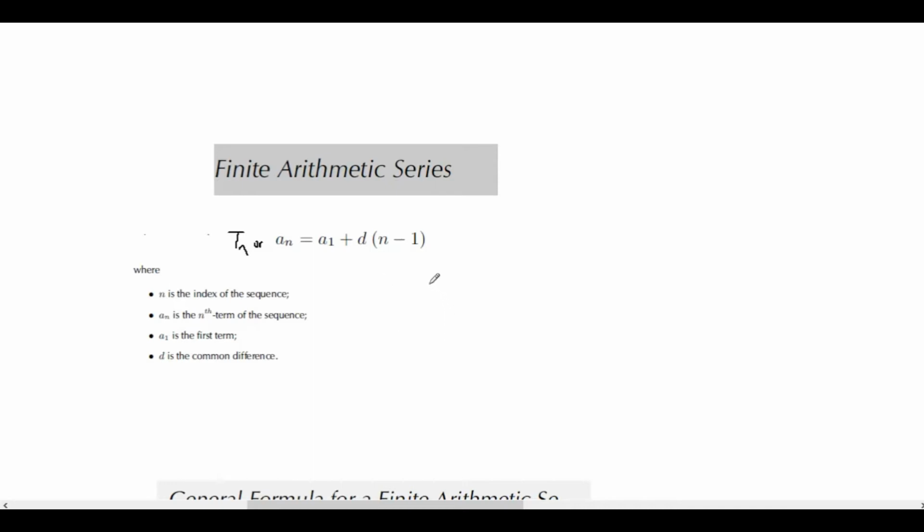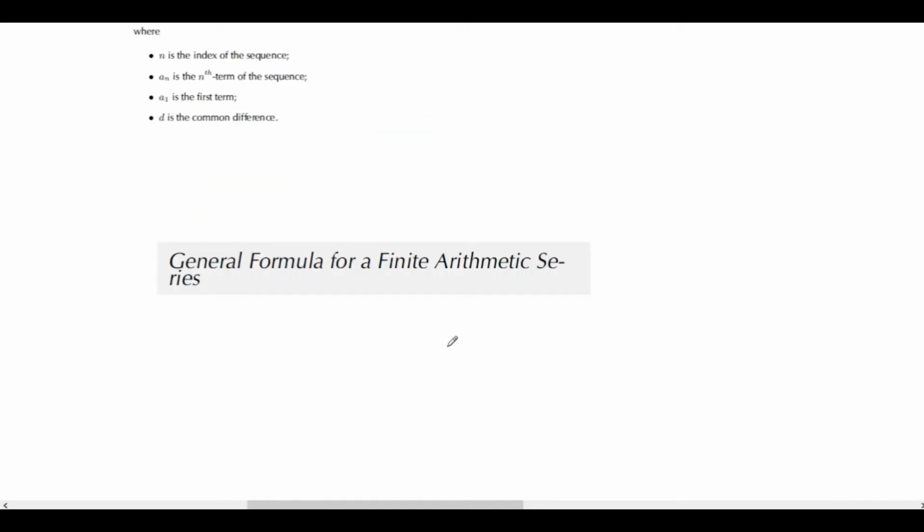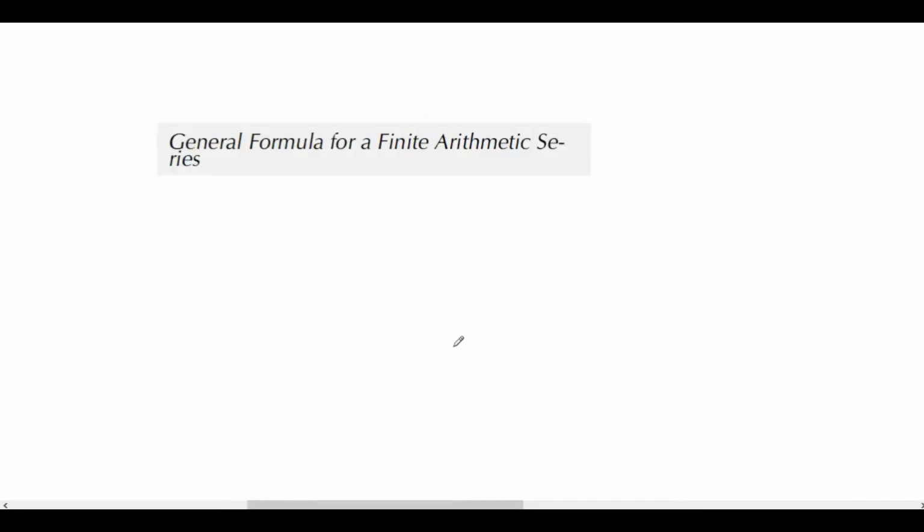Okay, so just a quick reminder, like at the beginning of the video, we had our first term, the common difference, the nth term, and n minus 1. This is a general formula, right? So we're going to use that general formula to determine a general formula for a finite arithmetic series. Or series, not a sequence anymore, we're doing a series. So this is how we're going to do it.